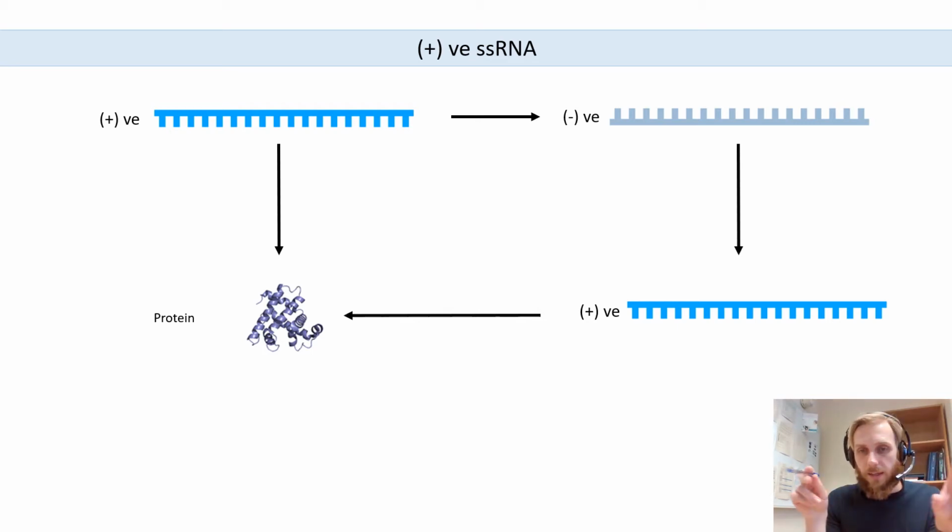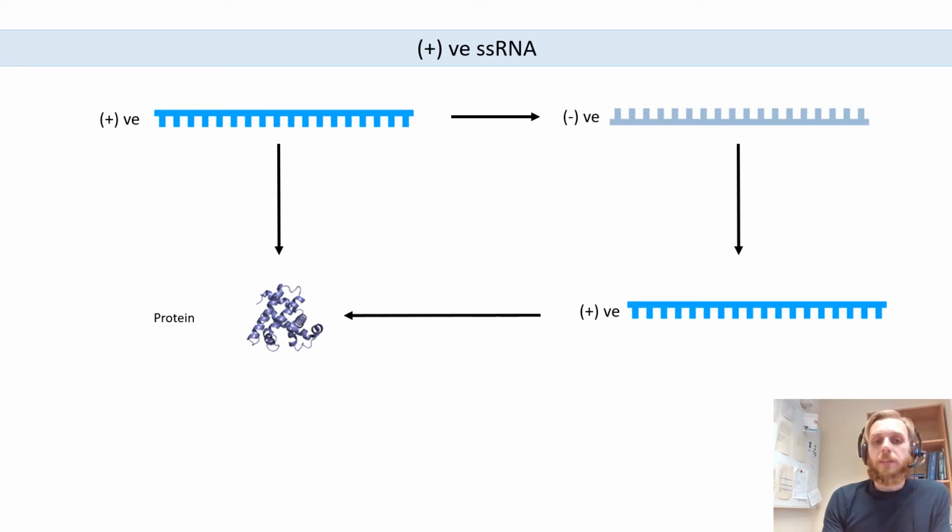The idea here, as I just alluded to, is the virus is making more and more positive single-stranded copies of the genome, because these positive single-stranded copies can be translated into protein. The virus is therefore ensuring more viral proteins are being made, enabling replication of the virus.